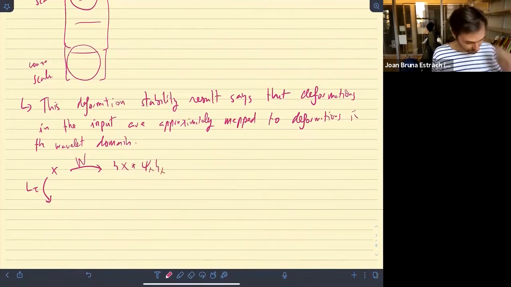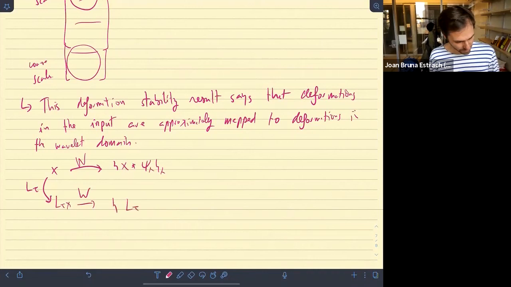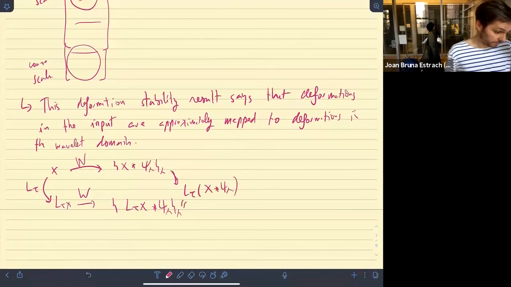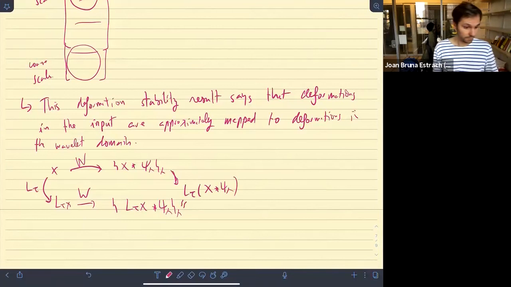So the point is that this diagram nearly commutes. If I apply this deformation after applying wavelets, it is nearly commuted. Okay.